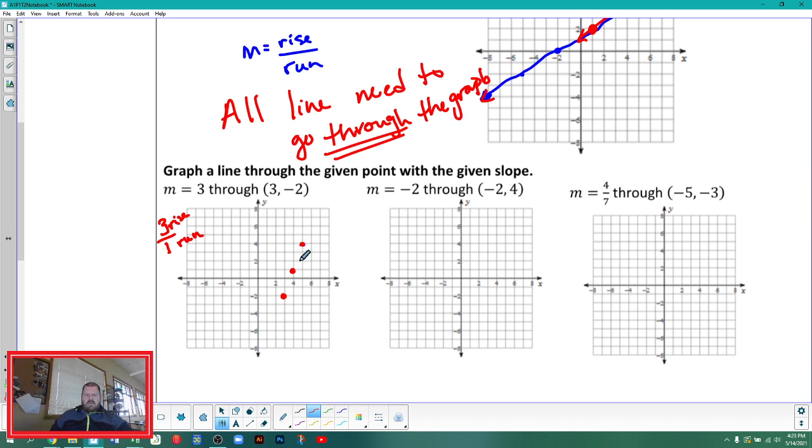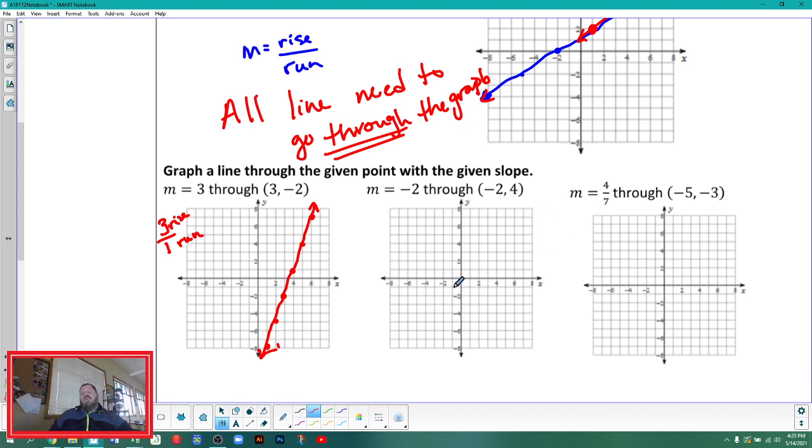Am I counting good? Yeah, so far. It looks a little bit off, but that's okay. I'm not believing this one. 1, 2, 3 over 1. Okay, it is. And I can go the opposite direction as well. And getting all those points just makes it easier to draw my line.